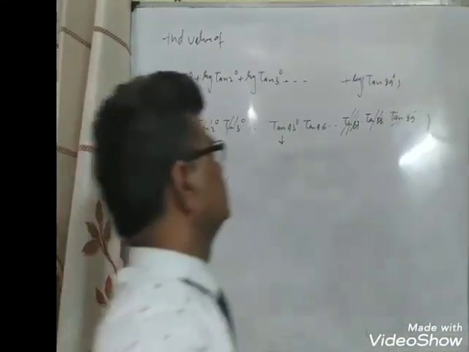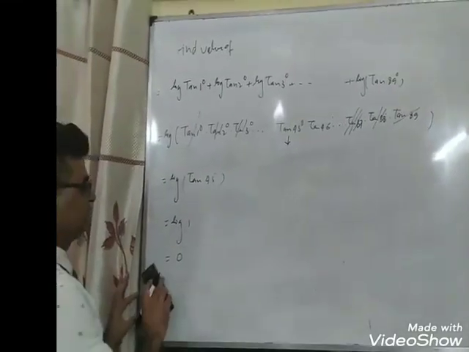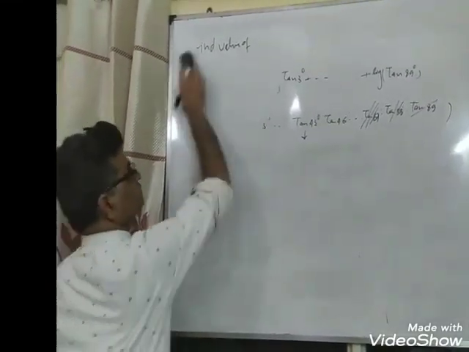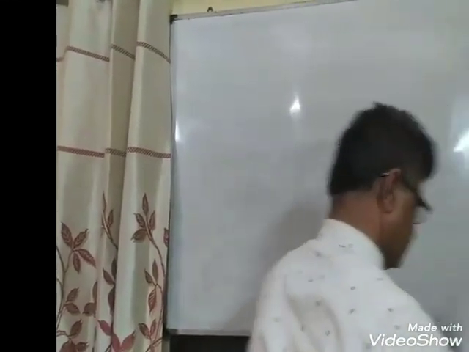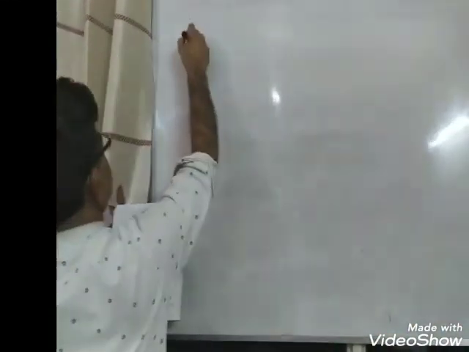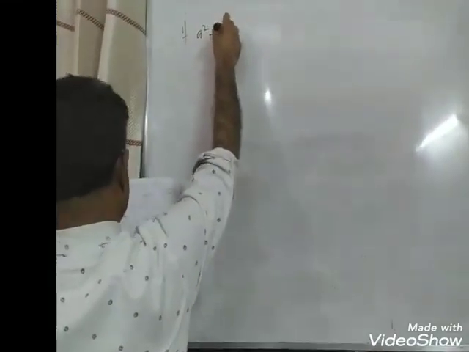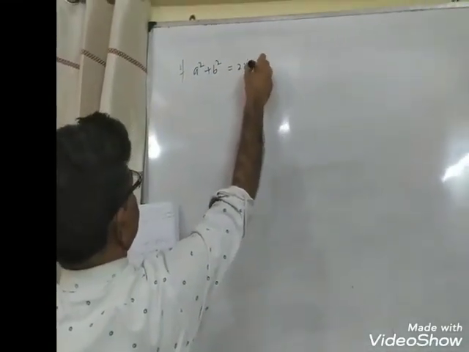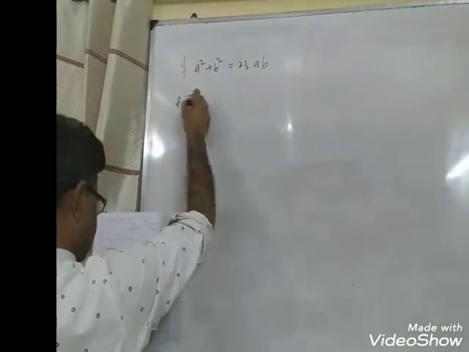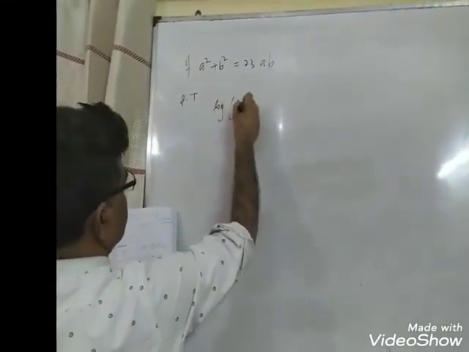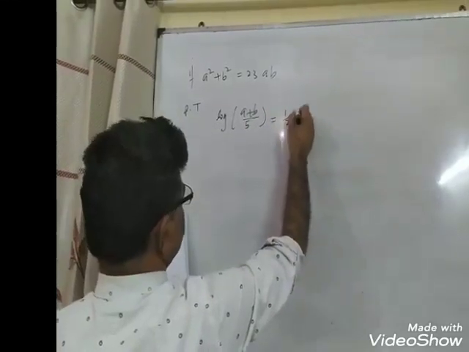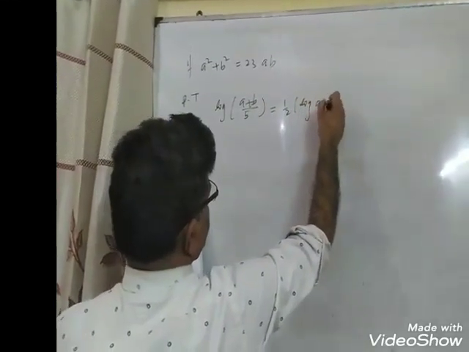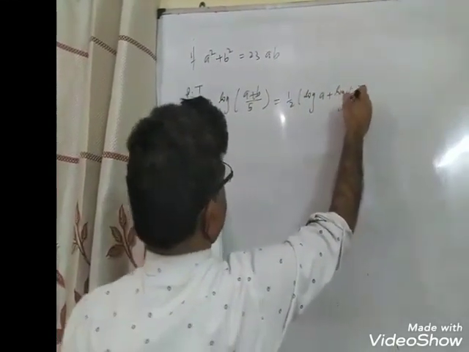Right? So now we are going to the next question. If a square plus b square equals 23ab, then prove that log of (a plus b) upon 5 is equal to half of (log a plus log b).